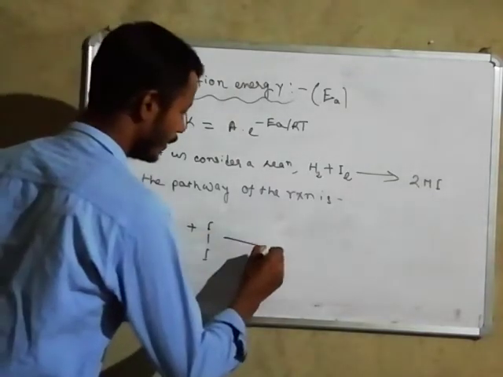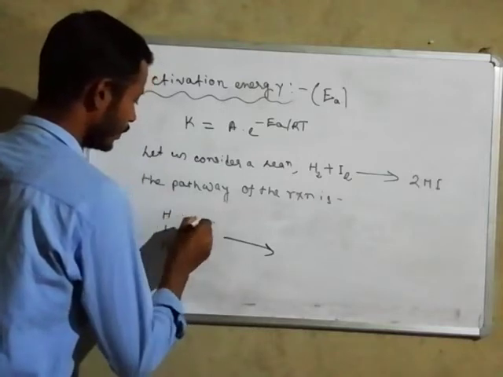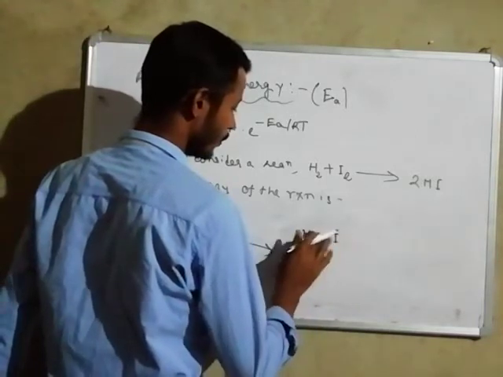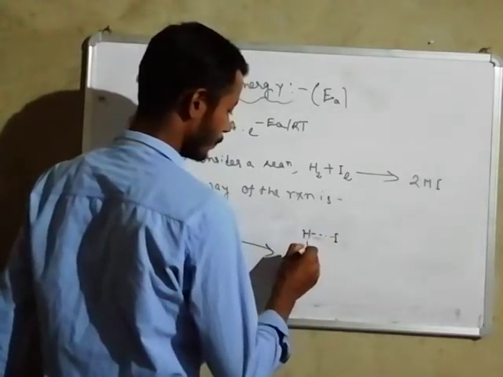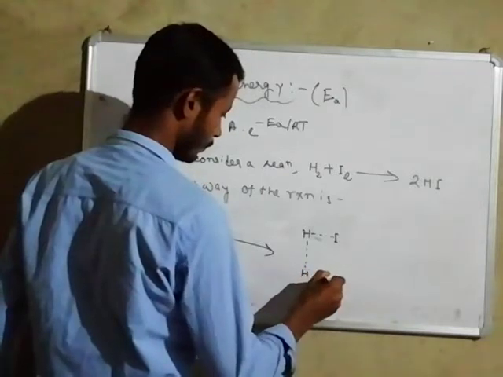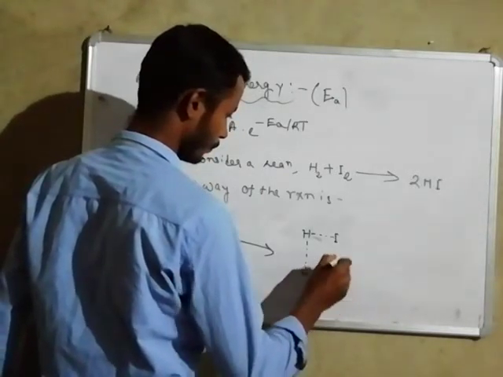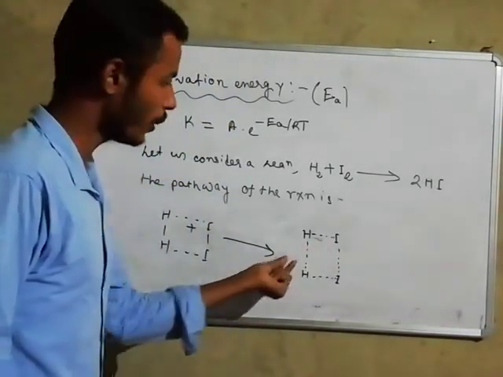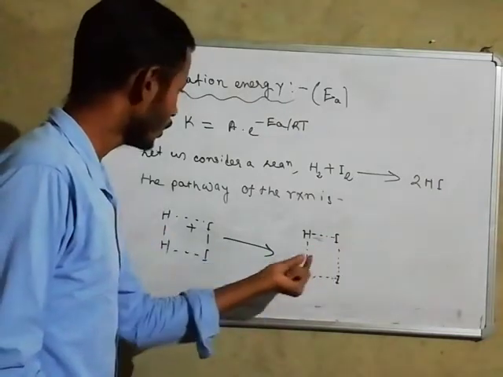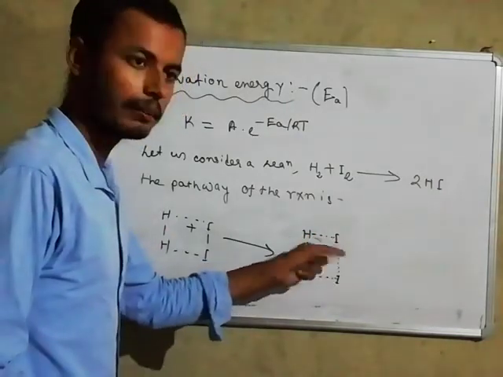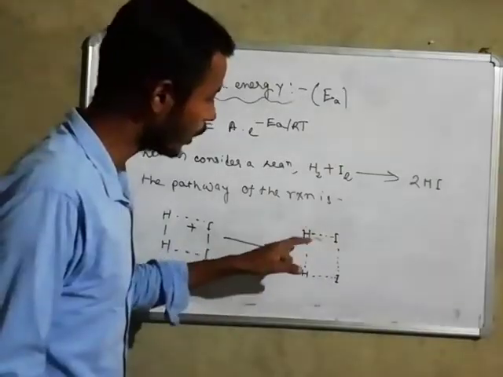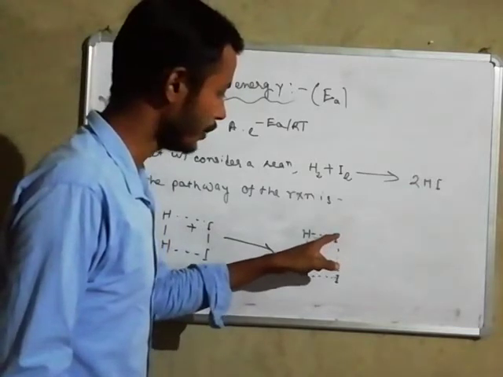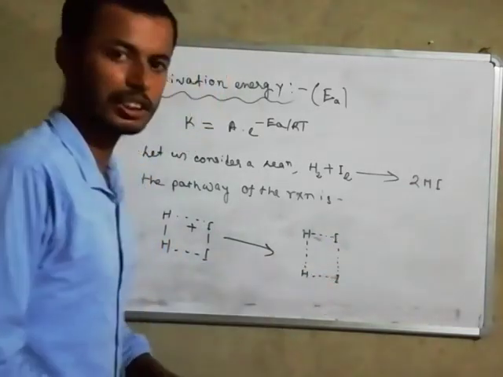Now when they react, you will get an intermediate. So the dotted line, what does it represent? It represents that the bond between hydrogen and iodine begins to form, and the bond between hydrogen and hydrogen begins to dissociate. The bond between iodine and iodine begins to dissociate.